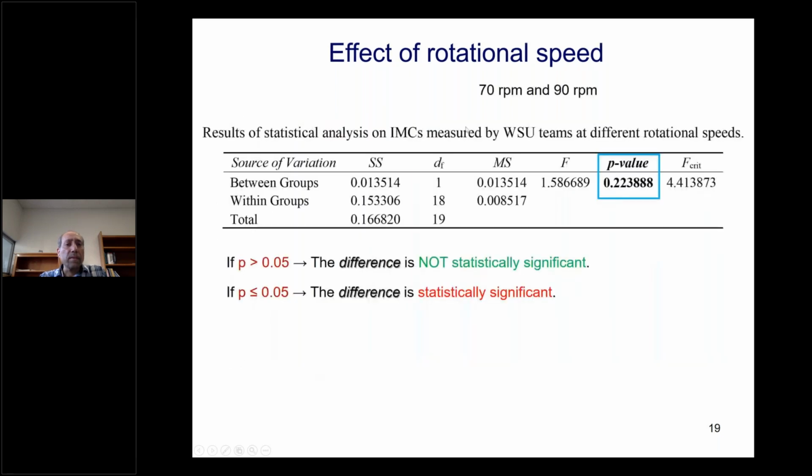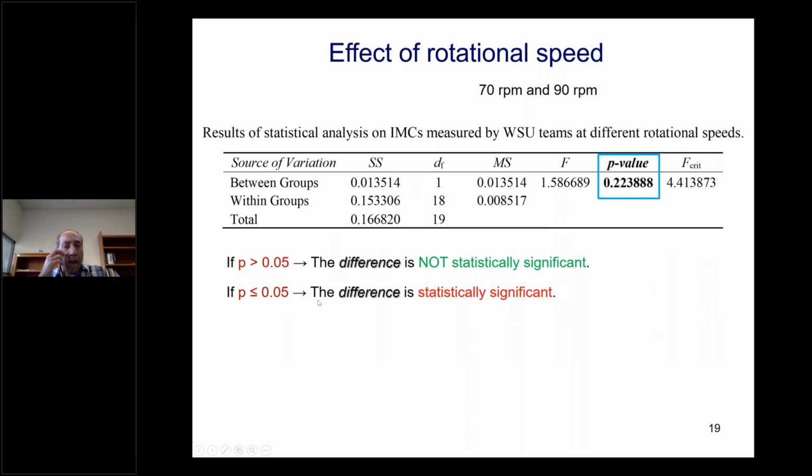So then we did ANOVA analysis. In general, the p-value of ANOVA analysis was 0.22 and something.